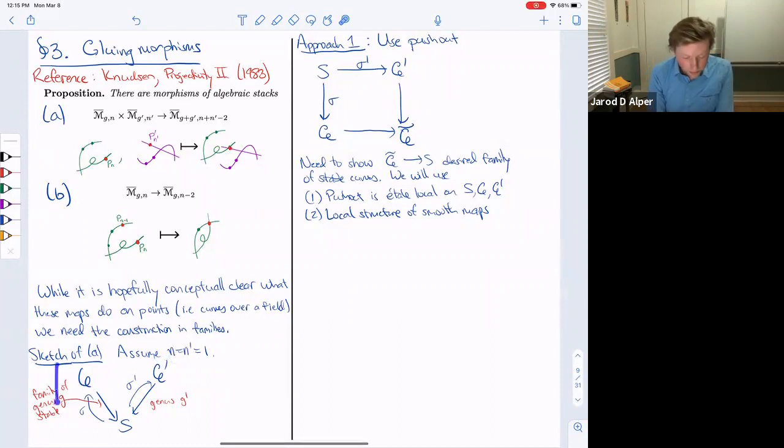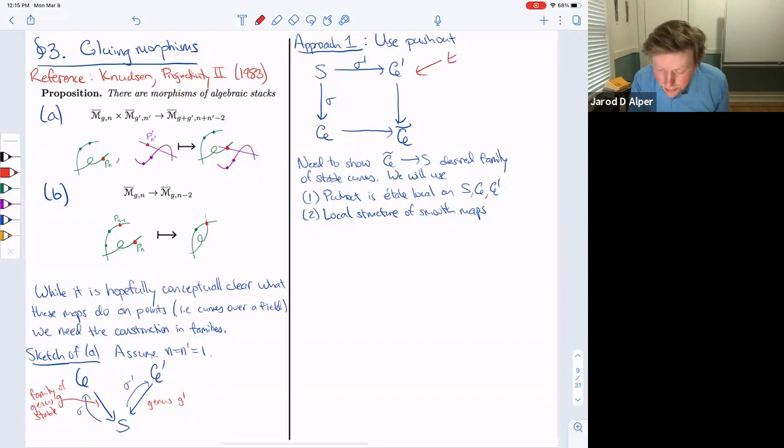So we're given two families of stable curves, C and C prime, of different genus, and they each have one section, sigma and sigma prime. And what we do is we just glue them by taking the push out. The push out here exists by a result of Ferrand.